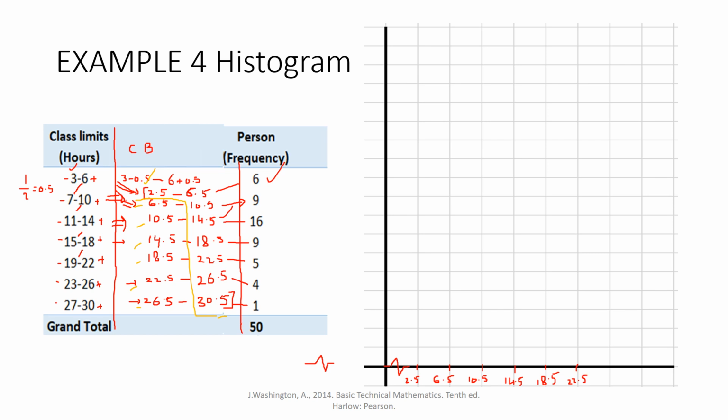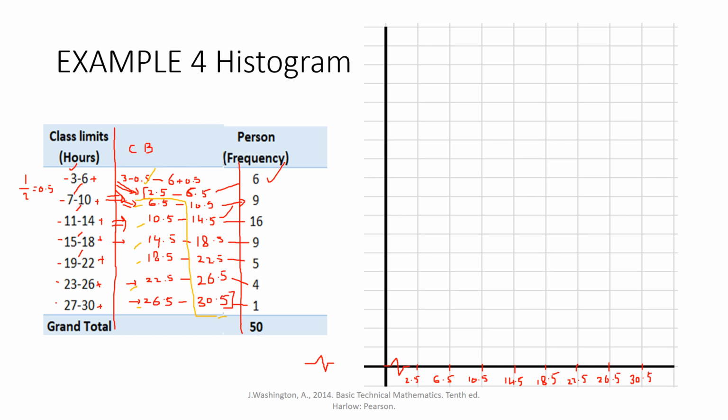Otherwise, doing it on plain paper, it will not be that clear and you may lose some important information. So I will recommend doing it on graph paper. Okay, 30.5.